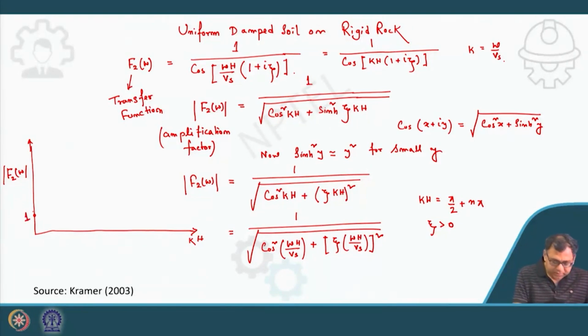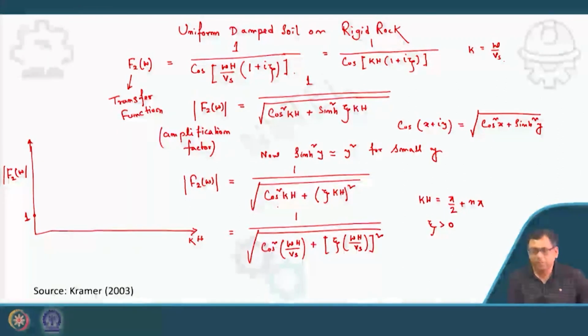After that, kh is replaced by pi by 2 plus n pi; if n equal to 0, this is the first. Now, if you put n equal to 1, 2, 3, then you will find that this part will become 0, but this part will increase.